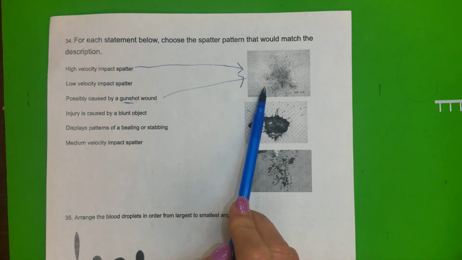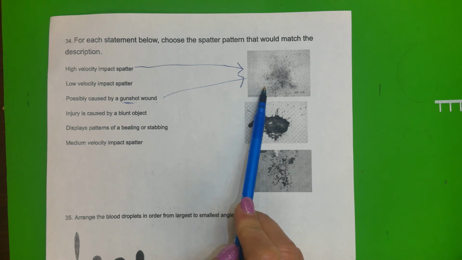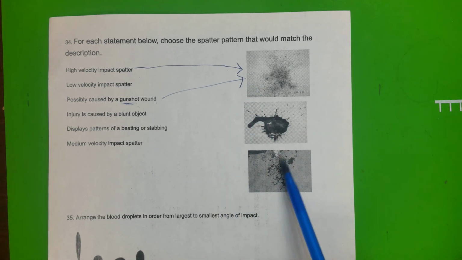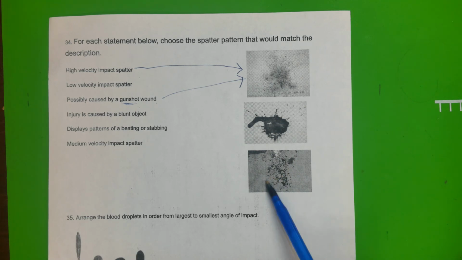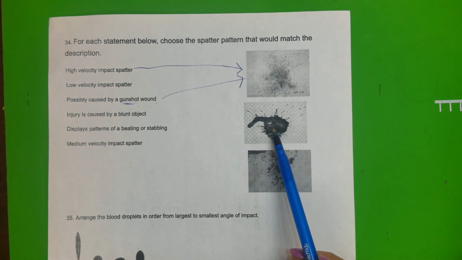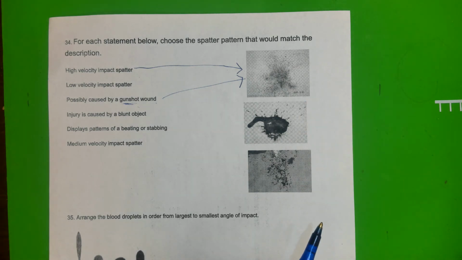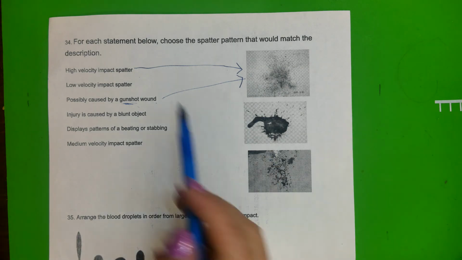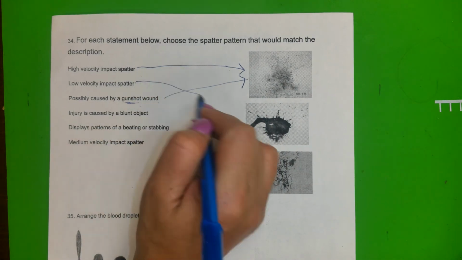Okay, the next one. If you compare these to this one, you could tell this one has a little bit higher velocity than this one. This is just a little spatter, just like a drop, with a little force anyways. So this one would be low velocity.